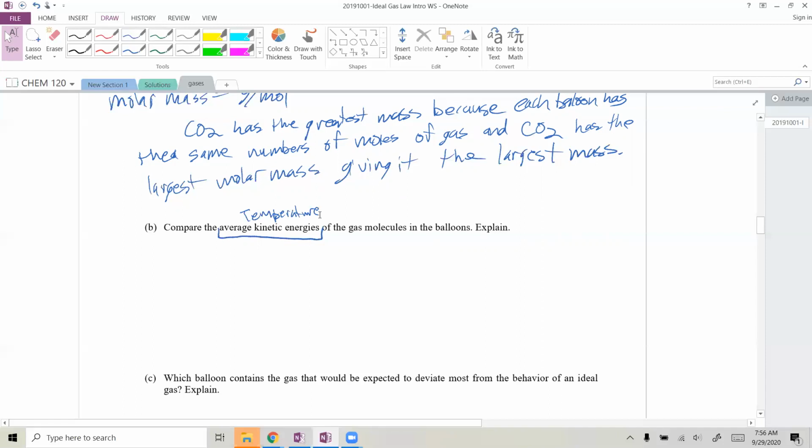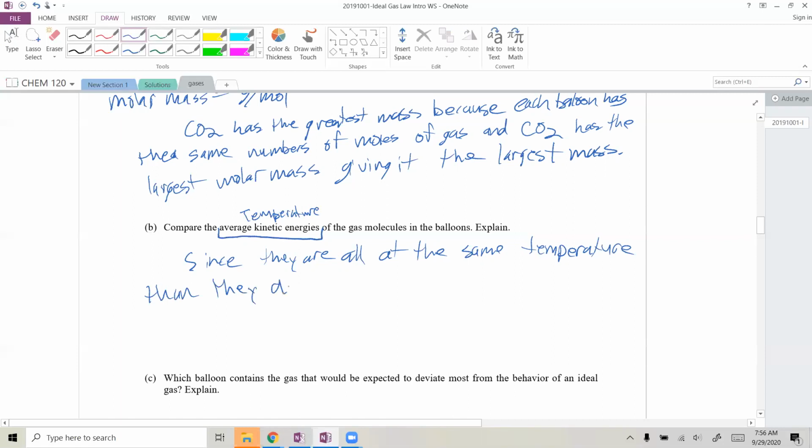And in this regard, since they're all at the same temperature, then they all have the same average kinetic energy.